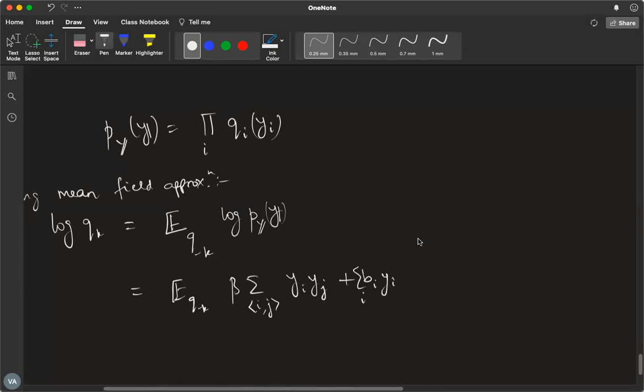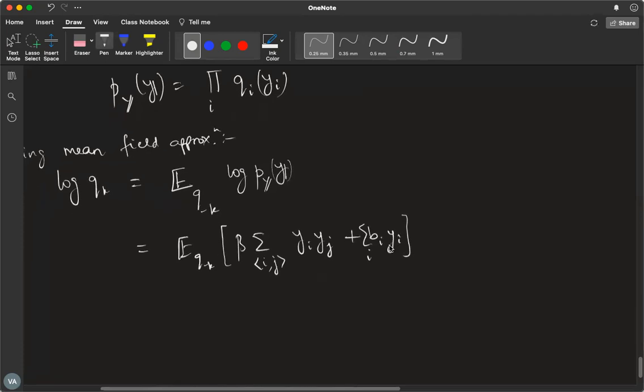So that's the thing. Okay, but now you notice one thing: we want to find the expected value, or the average, over all the lattice sites except the kth lattice site.